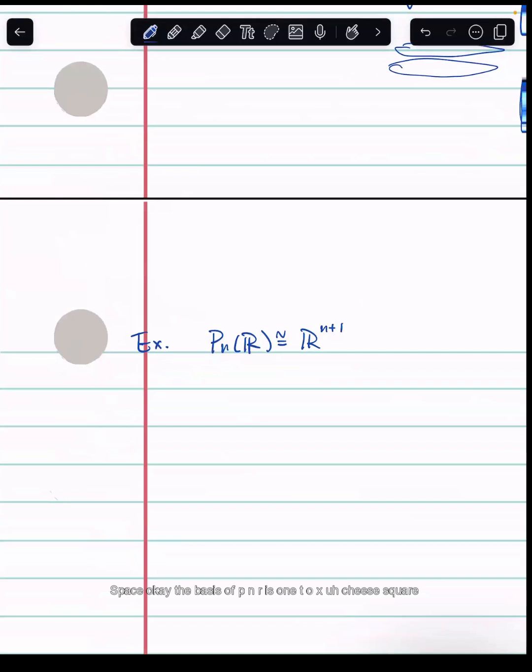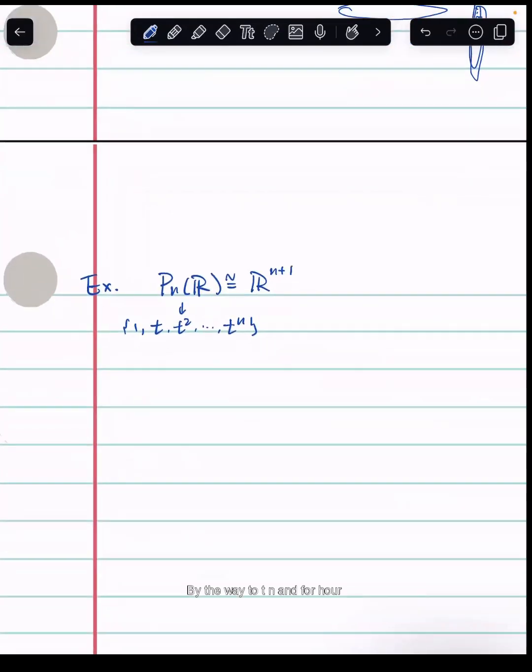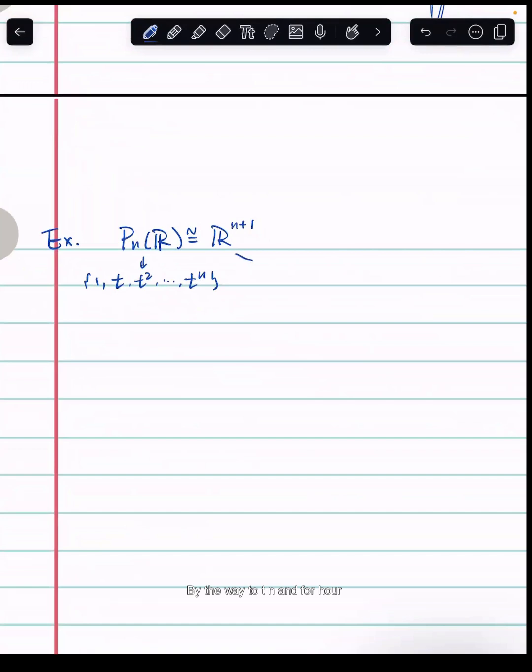The basis of PnR is 1, t or x, t squared, all the way to t^n. And for R^(n+1), we can use the standard basis E1, E2 through E(n+1).